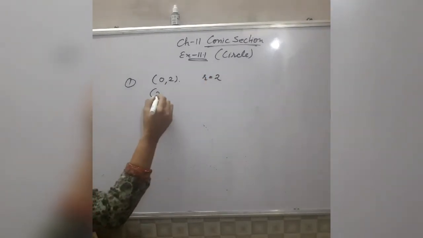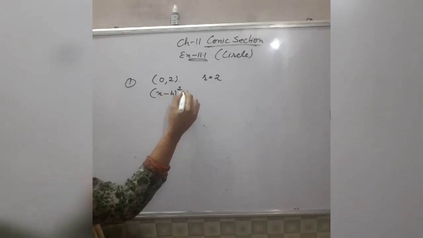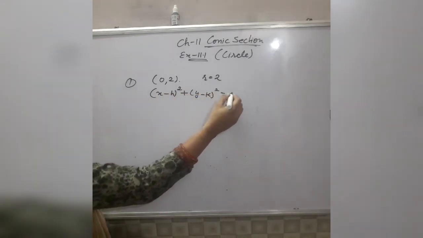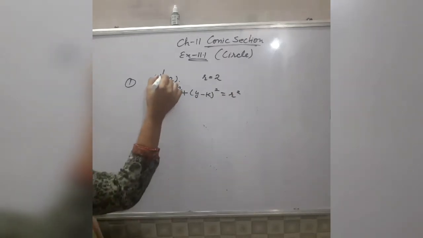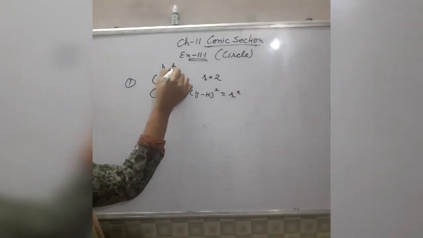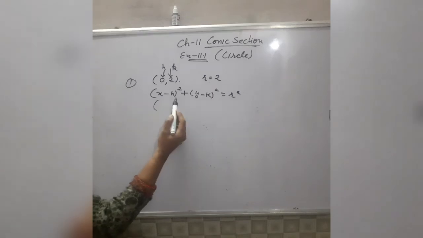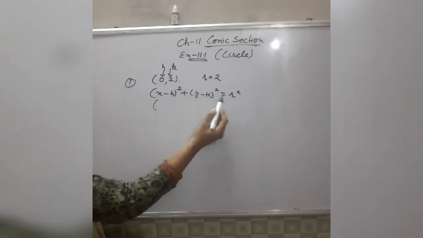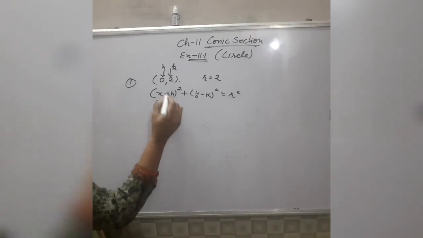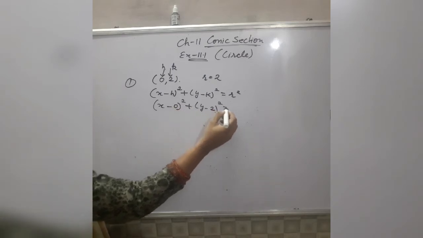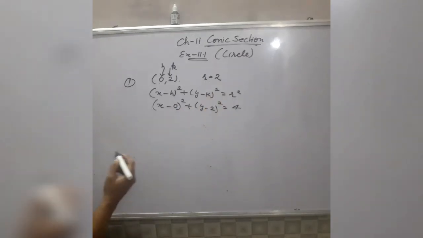All of you know that the equation of a circle is x minus h whole square plus y minus k whole square is equal to r square. What is h? h is 0, the value of k is 2 and small r is 2. Put here the values of h, k and r. You will get x minus 0 whole square plus y minus 2 whole square, which is equal to 2 square, meaning 4.